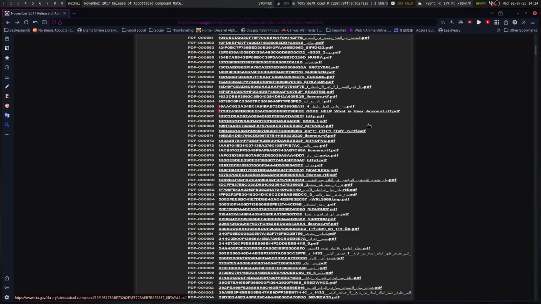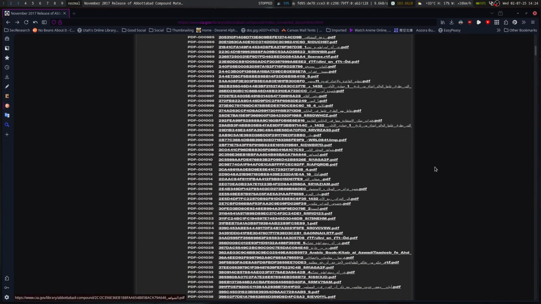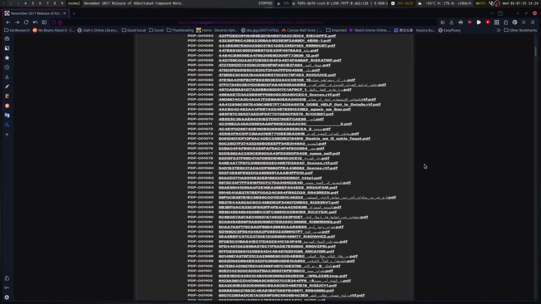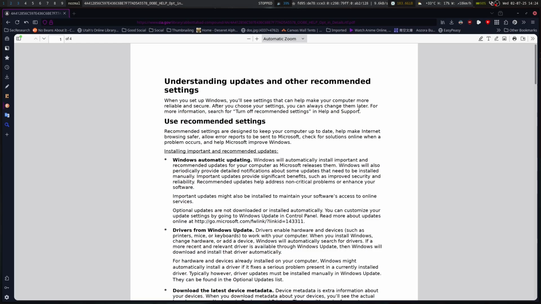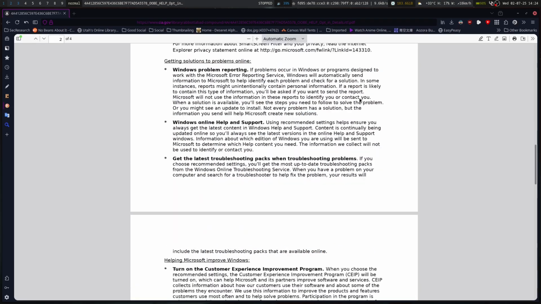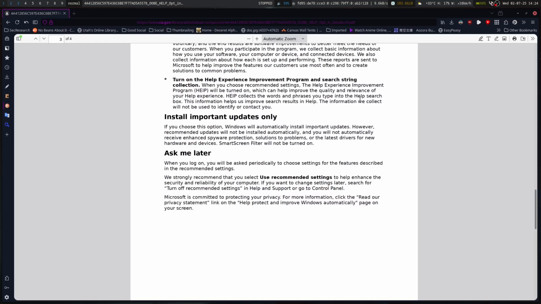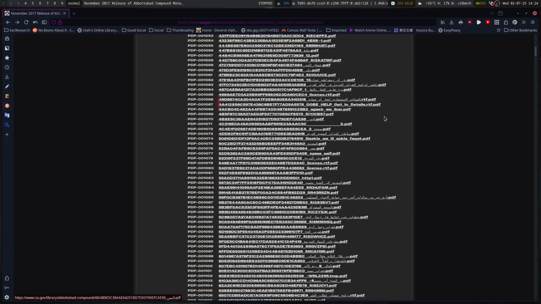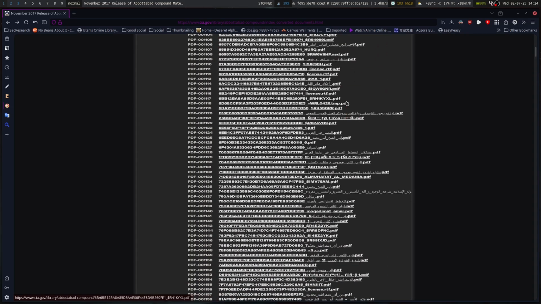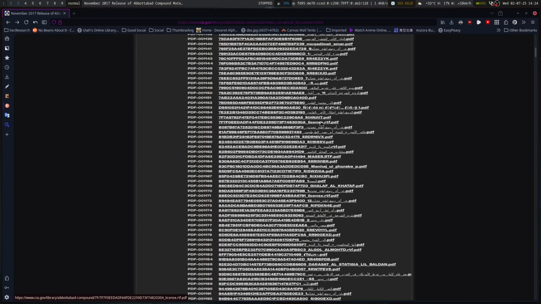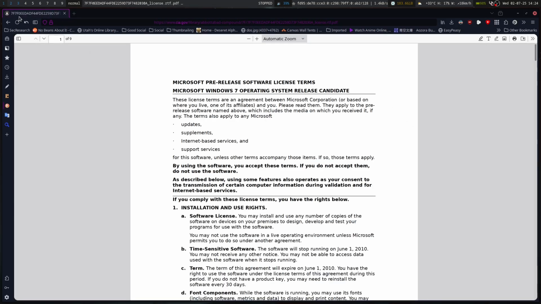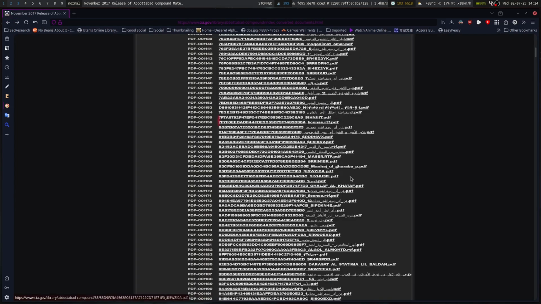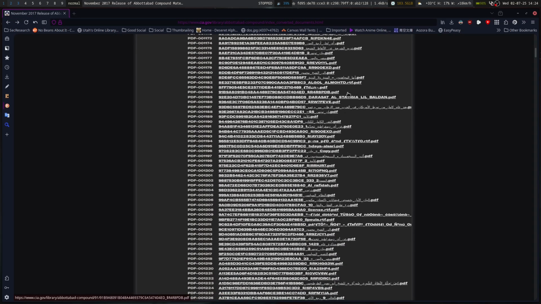I'm glad they are learning about IT infrastructure in this one. Wow. Understanding updates and where are watermarks so I know who wrote these up, honestly. It would be wonderful. License. Windows 7 release candidate.